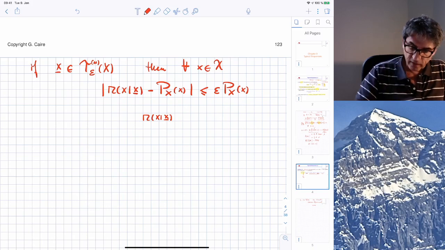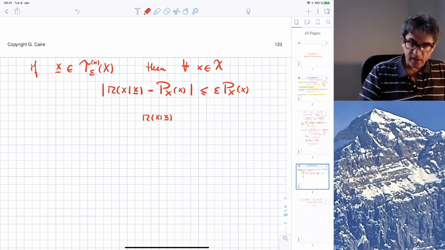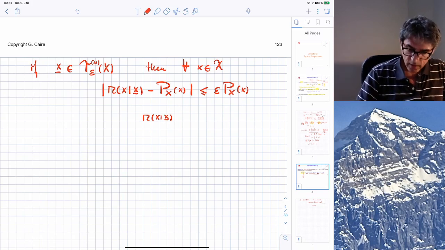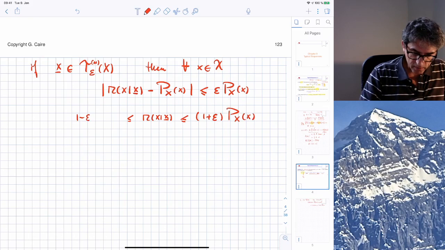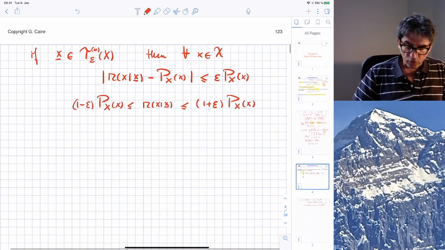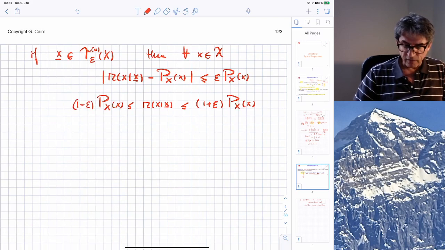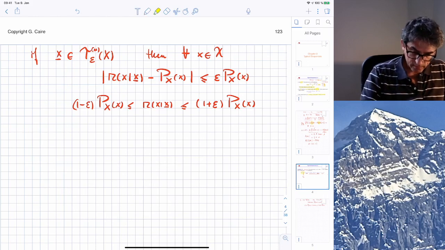Every time you have an absolute value less than something, it means that the quantity inside is between minus that something and plus that something. Then you simply bring terms around, and you have that the upper bound is 1 plus epsilon times the probability, and the lower bound is 1 minus epsilon times the probability. Okay? So this is true for every symbol x in the alphabet, for our typical sequence x.